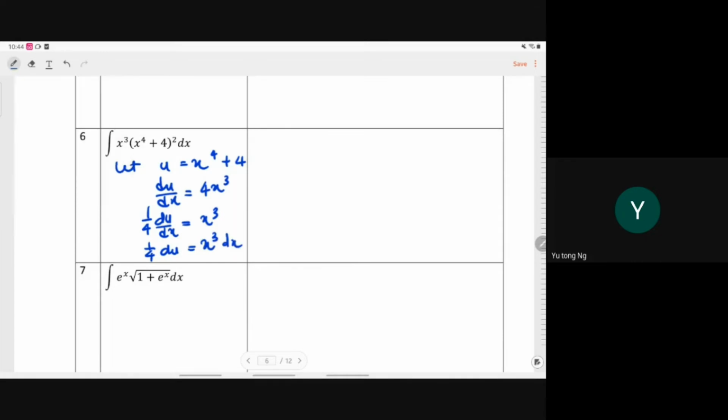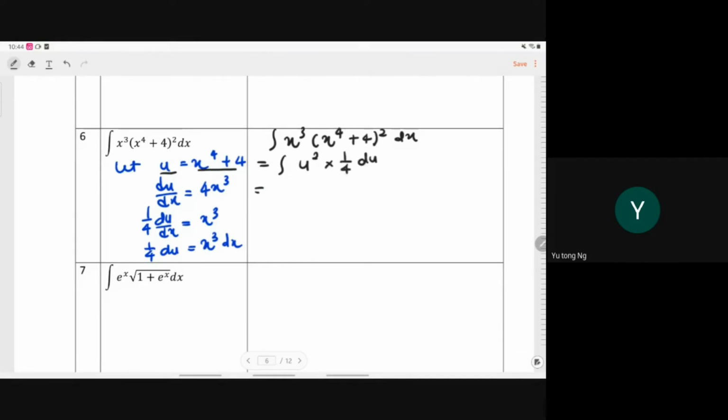Integrate x cubed times x to the power of 4 plus 4 squared dx. x to the power of 4 plus 4, we said that it's equivalent to u. So we're going to substitute, integrate u to the power of 2, and your x cubed dx is equivalent to 1 over 4 du.